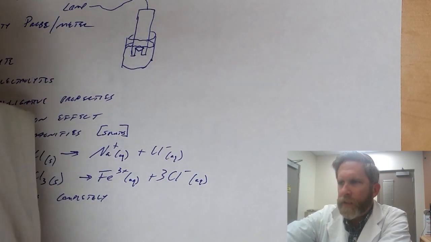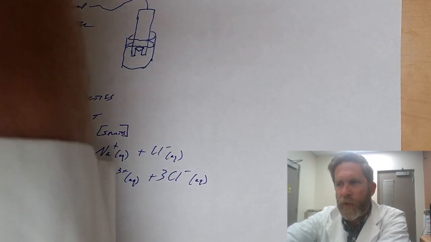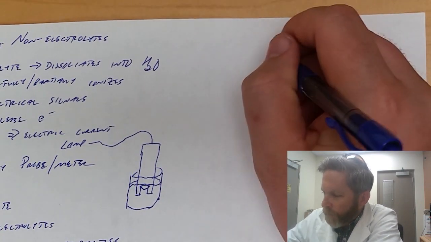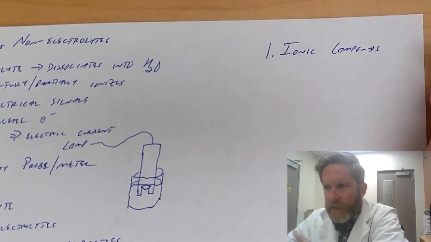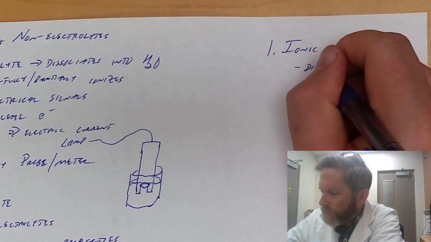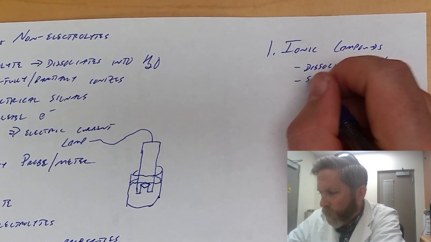Okay, so in the experiment today, we're going to look at 3 different groups of substances. We're going to look at ionic compounds. These are substances that typically dissociate 100%. That makes them strong electrolytes.